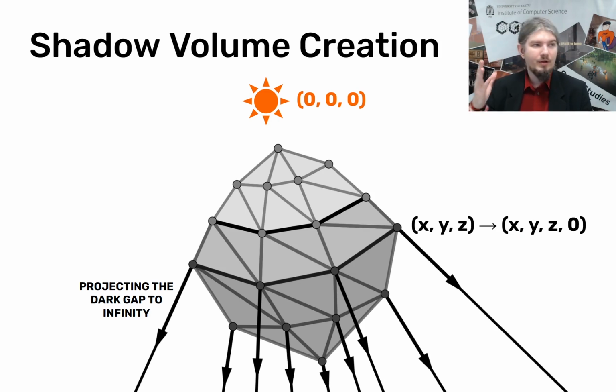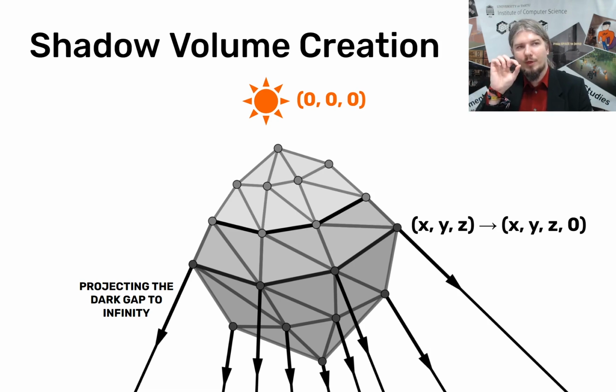And you might be thinking, okay, what is this projection to infinity? And you can imagine it this way. Let's say you have an infinitely powerful laser pointer and you shoot it at the sky. Then this laser pointer is going to travel in a straight line to infinity. But from your perspective, you will still see that there is a point that the end of this light beam is always approaching.